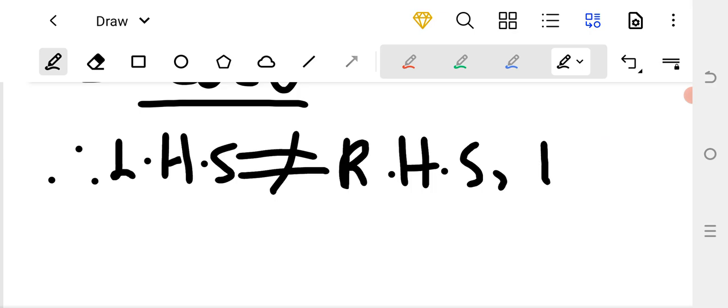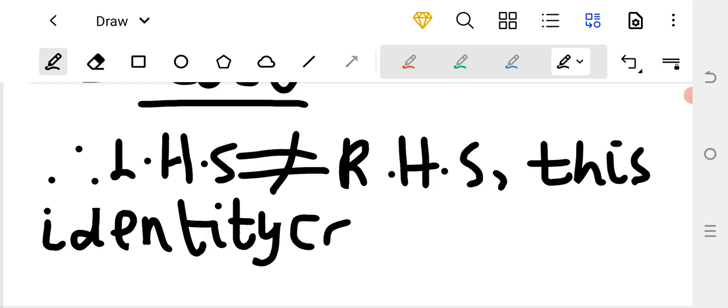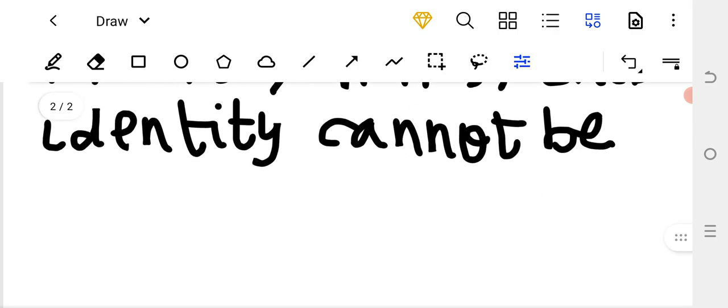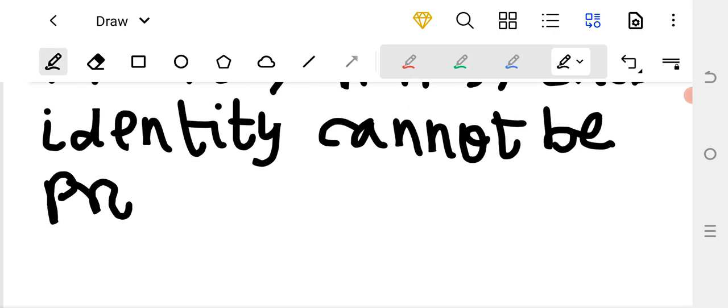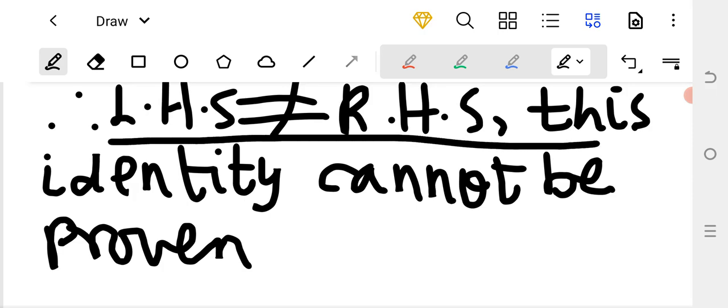You say this identity cannot be proven. So simple as that. This identity cannot be proven because the left hand side is not equal to the right hand side.